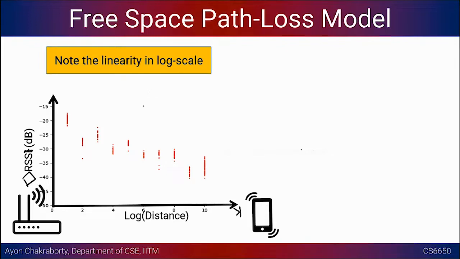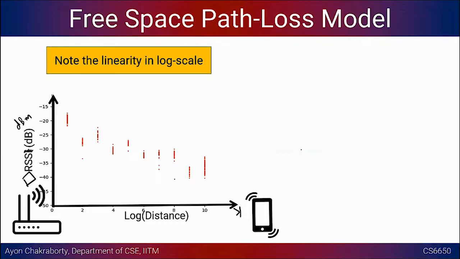The point to note is the reason we took this logarithm in the distance is because if you look at the logarithm of the distance versus the RSSI or RSS, which is measured in dB here, in the absolute scale it will be some dBm actually, so we compare to milliwatts, this will have an approximately straight line relation.